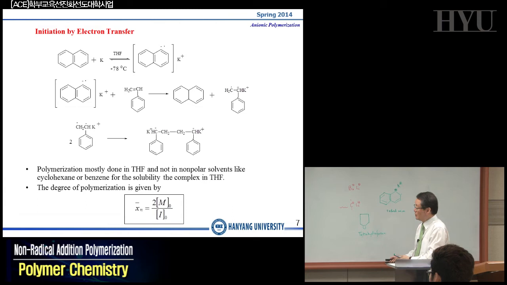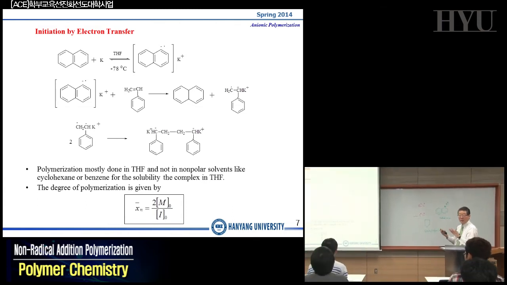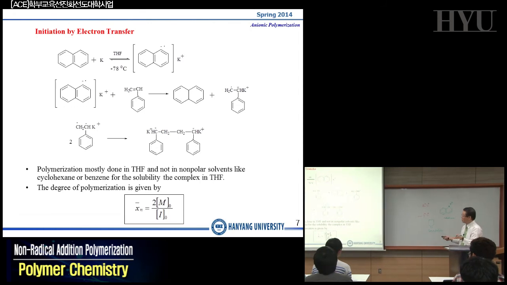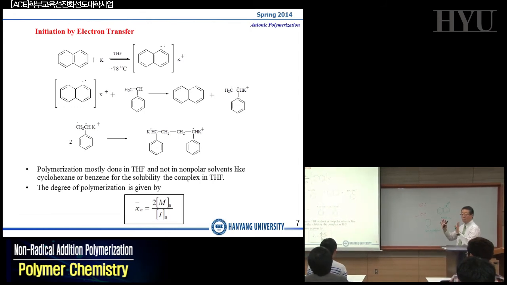So the degree of polymerization will be given by 2 times the K, which is equal to 2, because we have two monomers gathered together, as usual. This is what we call the electron transfer reaction. So in electron transfer cases, K is always equal to 2.